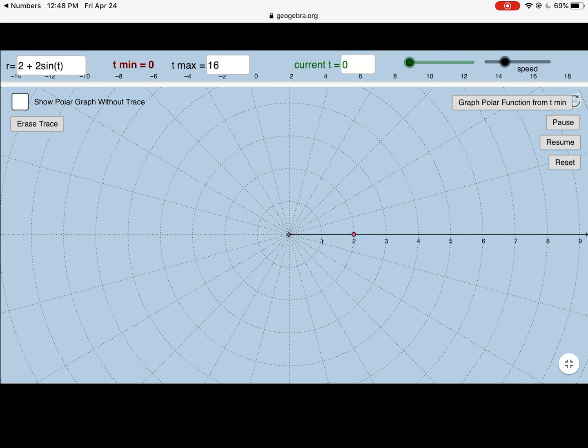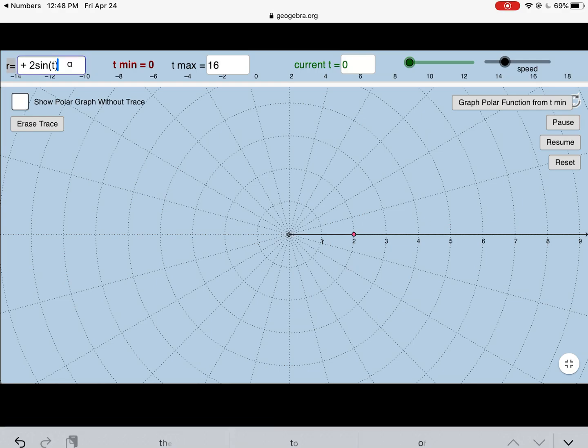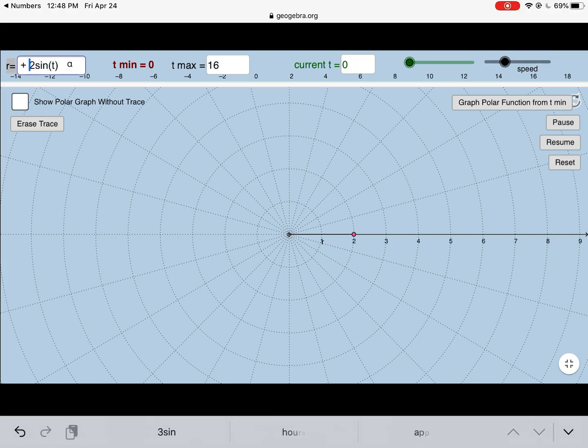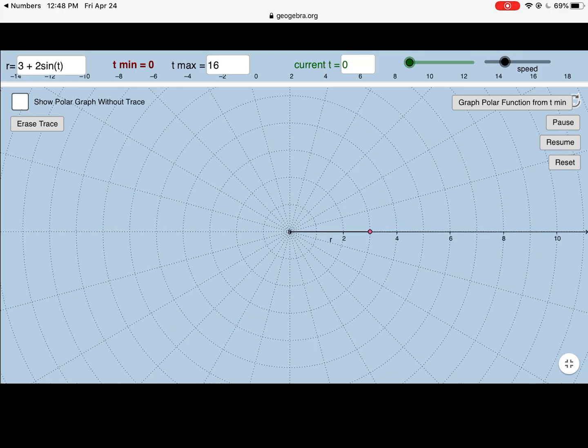Now let's reset this. And now I'm going to make the a value bigger than the b value. So let's make a 3. And this should result in a limaçon, sometimes referred to as a dimpled limaçon.